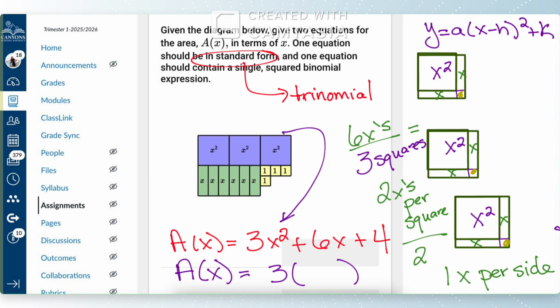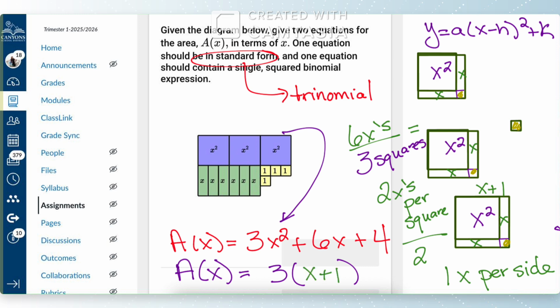The important thing to recognize in this picture is that we have one little extra square that is missing that can't be part of our complete squares. So, in terms of our complete squares, we've got this x plus 1 as a square. We've got 3 of them, so that's our x plus 1 part.